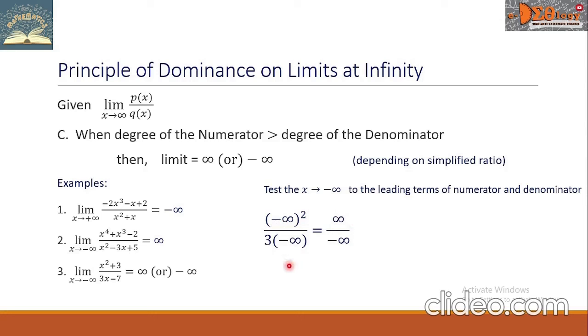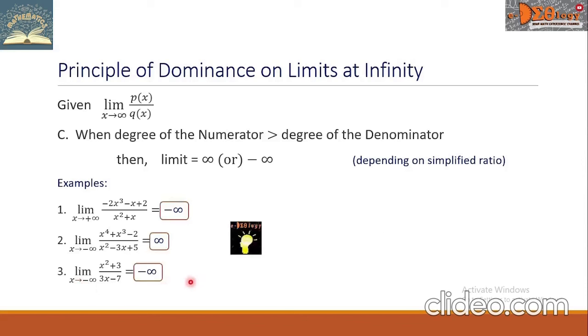The 3 multiplied by negative infinity is simply negative infinity. And infinity divided by negative infinity will give us negative infinity. So for problem number 3, the answer is negative infinity. These are now the answers.